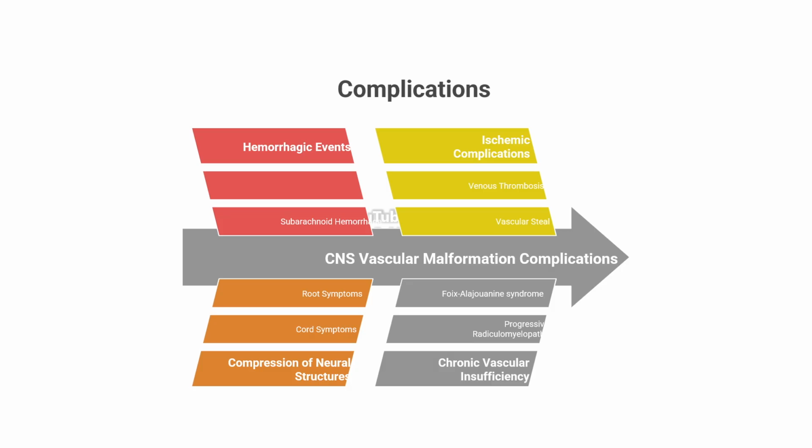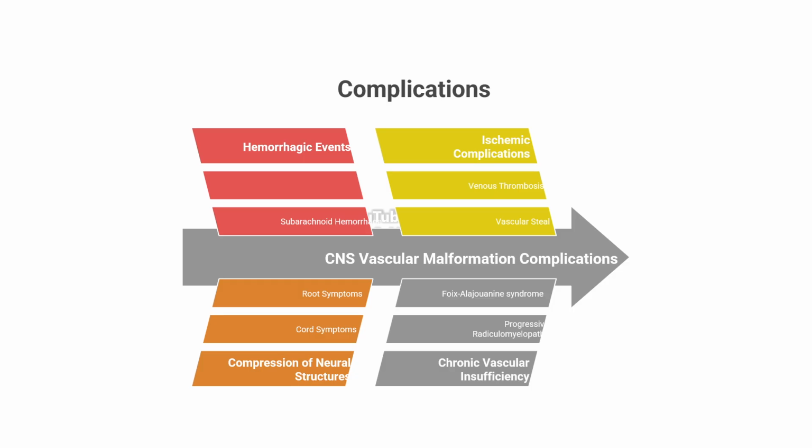CNS vascular malformation can lead to serious complications. Hemorrhagic events include subarachnoid hemorrhage, spontaneous intracerebral hemorrhages, and rarely epidural hematoma or hematomyelia. Compression of neural structures may cause cord or spinal symptoms. Systemic complications arise from venous thrombosis and drainage issues.